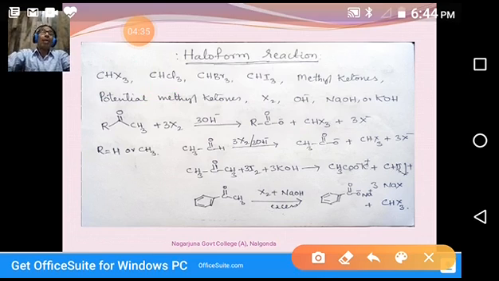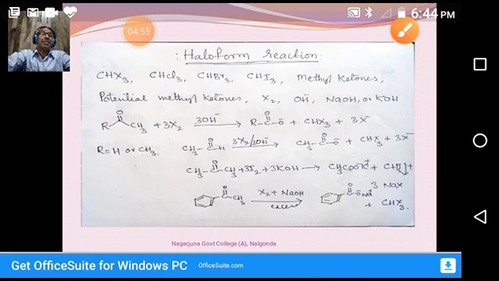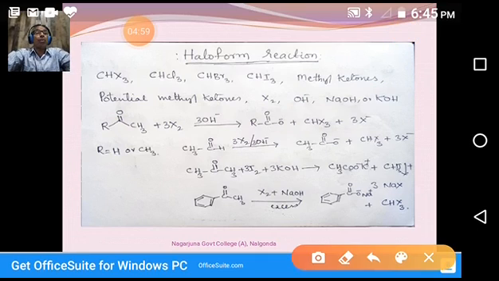So what is the haloform reaction? Generally, methyl ketones and potential methyl ketones, these two classes of compounds exhibit this type of reaction. For example, you see this compound is a methyl ketone, with a COCH3 group.